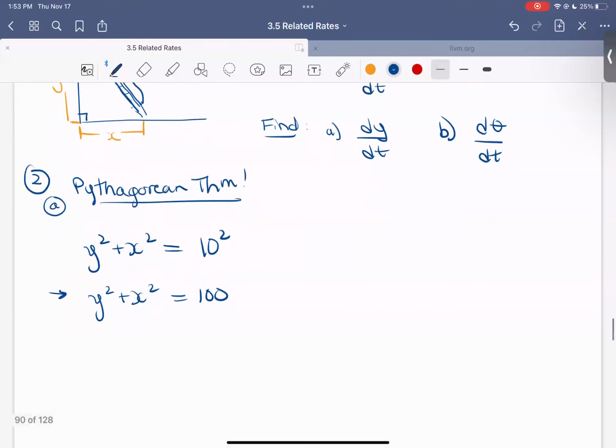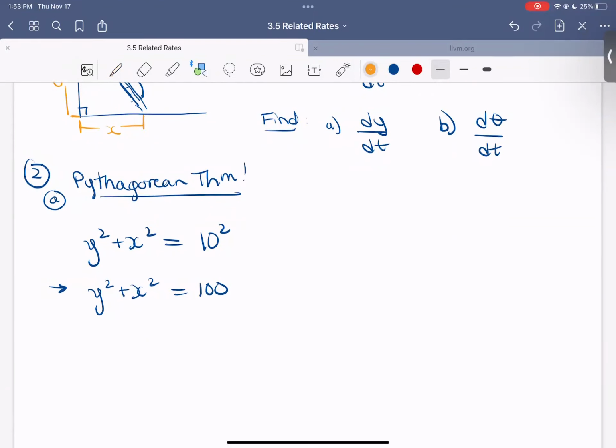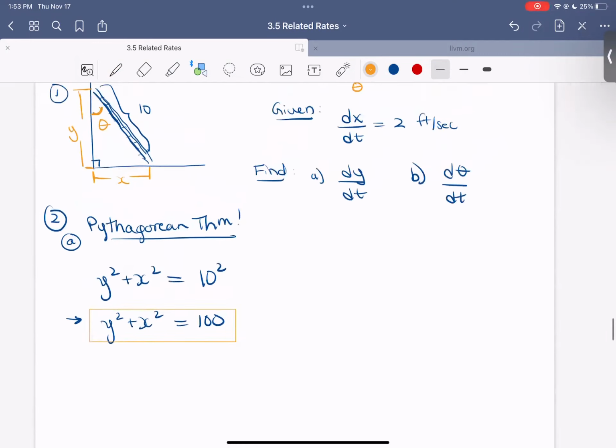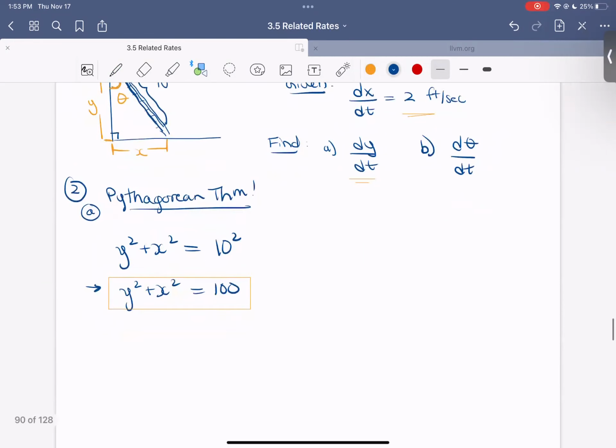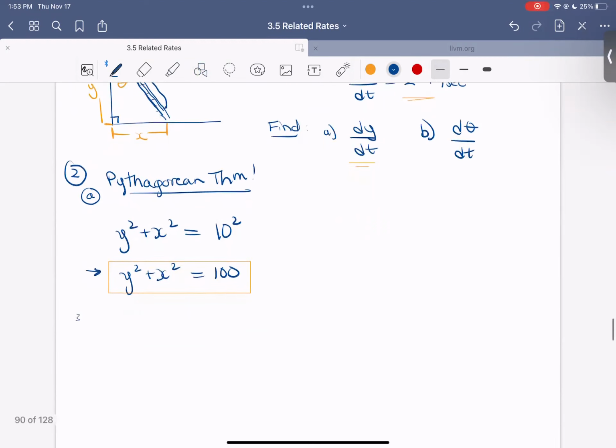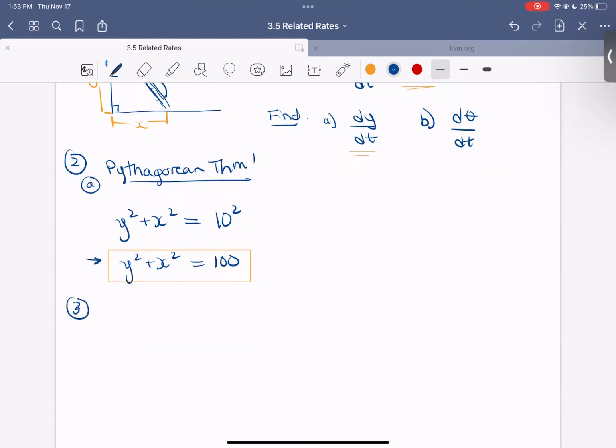So step 2 is completed, which is the relationship between two variables. For one variable, we have information about its change, and for the other variable, we need to compute some information. Step 3 is we need to take the derivative of both sides of that equation with respect to time.